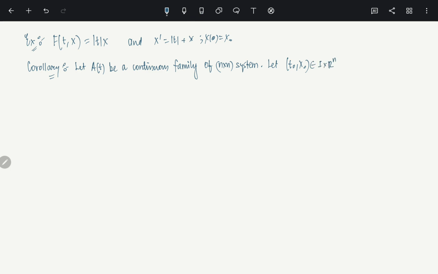T naught can be 0, it doesn't matter. Then the initial value problem x prime equals A(t) times x, with x at the point t naught equal to x naught, has a unique solution on all of I.